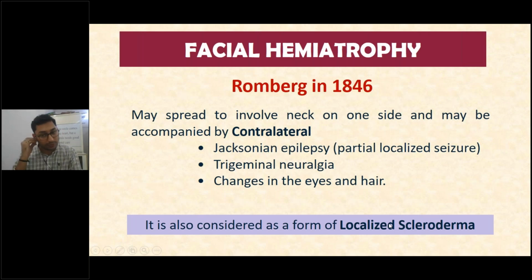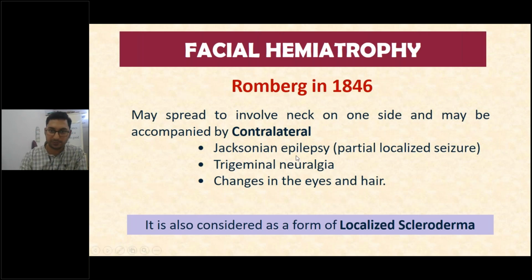If you're talking about scleroderma or facial hemiatrophy, and in the options they've given that this disease is related to which of the following skin lesions, then scleroderma should strike immediately, right? So the term coup de sabre is used in both, in facial hemiatrophy and in scleroderma, okay? And what will happen on the contralateral side in the patient will be Jacksonian epilepsy.